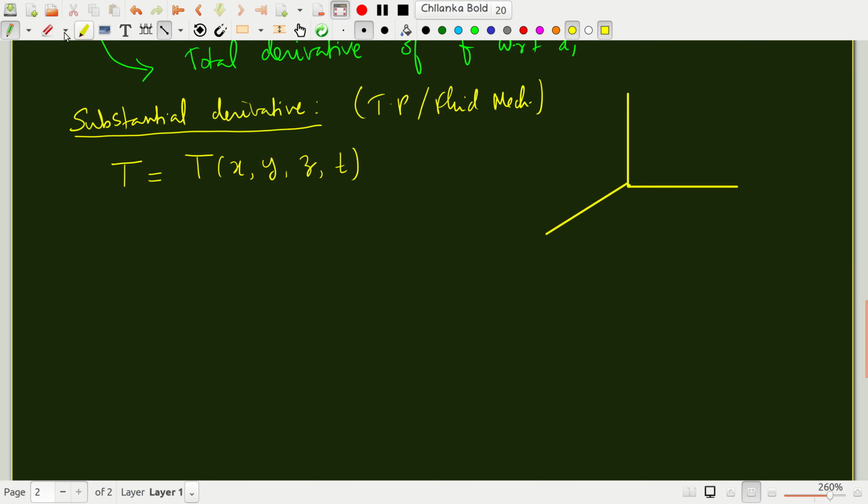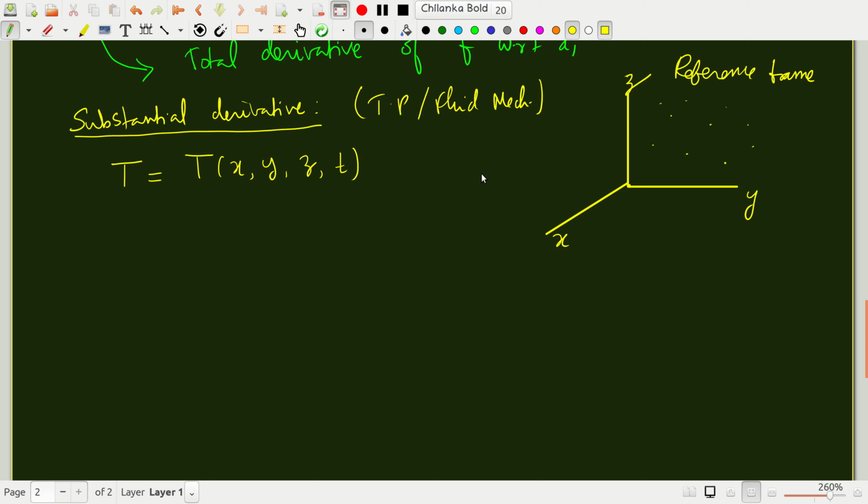This is x, y and z, the coordinate axes, and t is time. So this is a fixed reference frame, or a Cartesian reference frame, about which you are trying to analyze the problem. Temperature is given as a function of x, y, z at various points in space, and also as a function of time if needed.